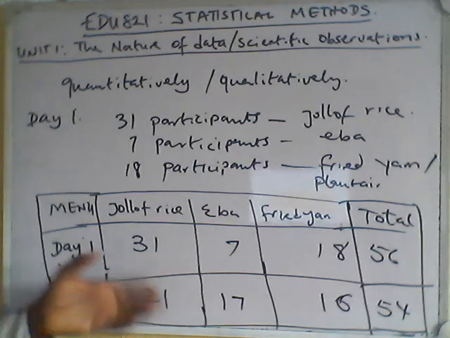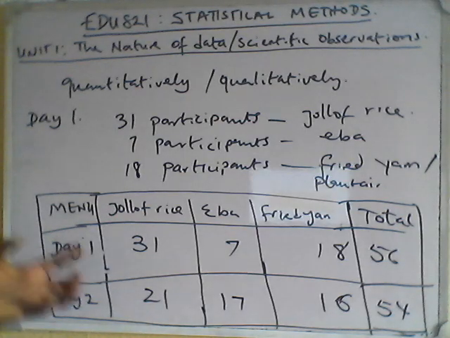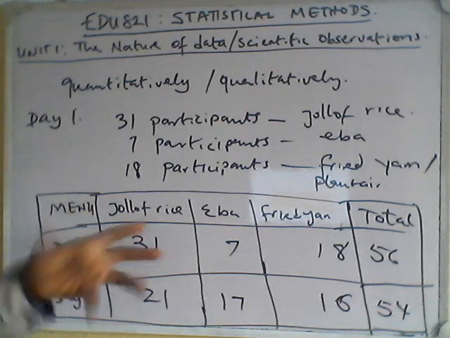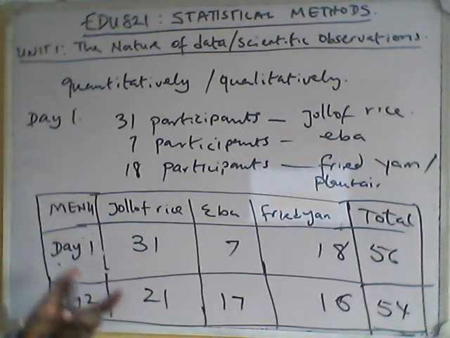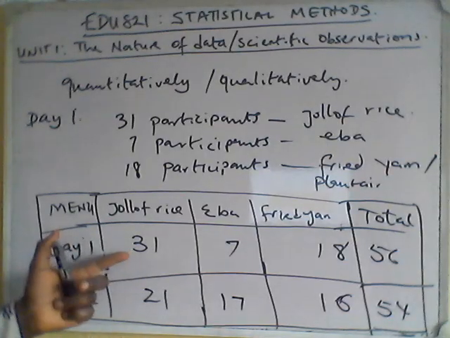So I can begin to study why there was a drop or increase for any particular menu. Could it be that there were different sorts of people that came, or could it be the gender? Some men like eba more than women. Understand? And women like jollof rice more than men.